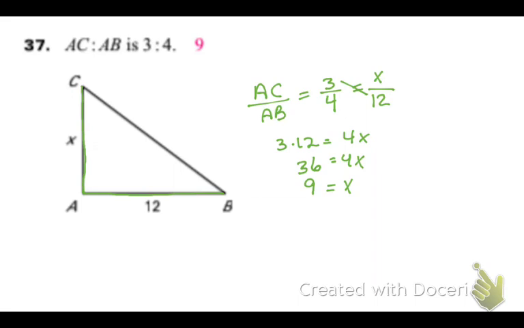So let's plug it in and see if it works. 3 fourths is equal to 9 twelfths. Sure enough, 3 times 12 is 36. Also, another way we can look at it is 3 times 3 is 9, and 4 times 3 is 12, and 3 is the same on both the top and the bottom. So we know that this is true. So our x is equal to 9.